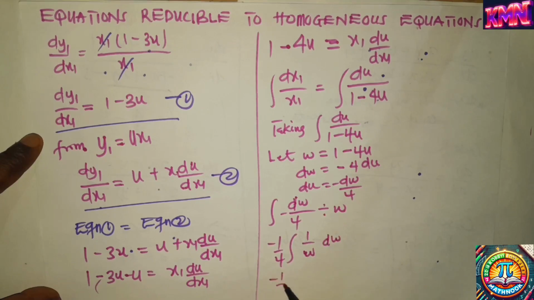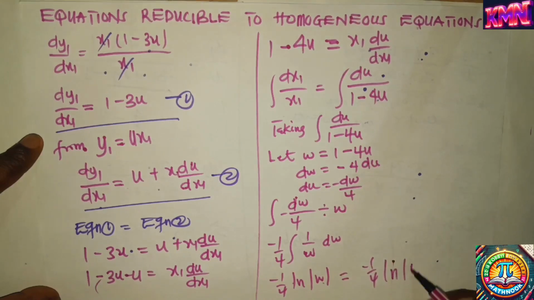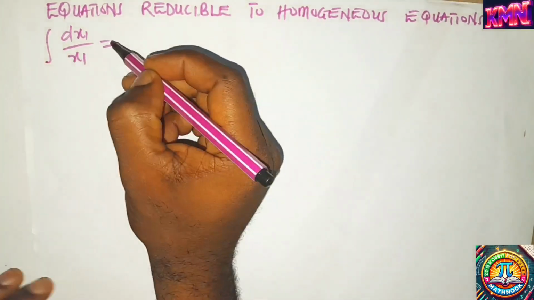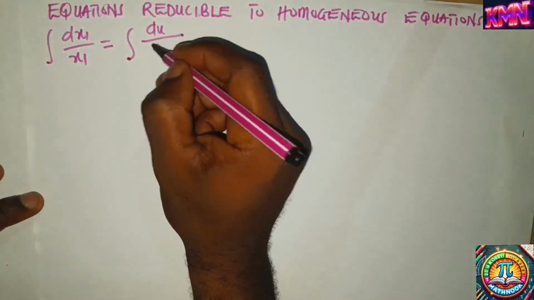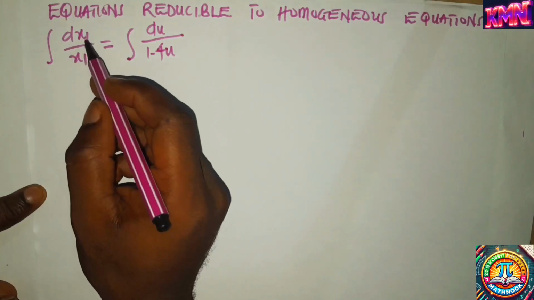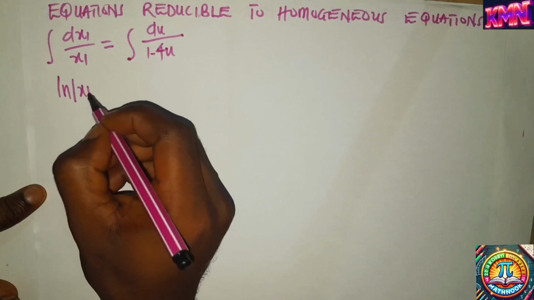And this is why negative 1 on 4 ln w, which is equal to negative 1 on 4 ln of 1 minus 4u. W is the same as that. Integral of dx1 on x1 equals ln x1.